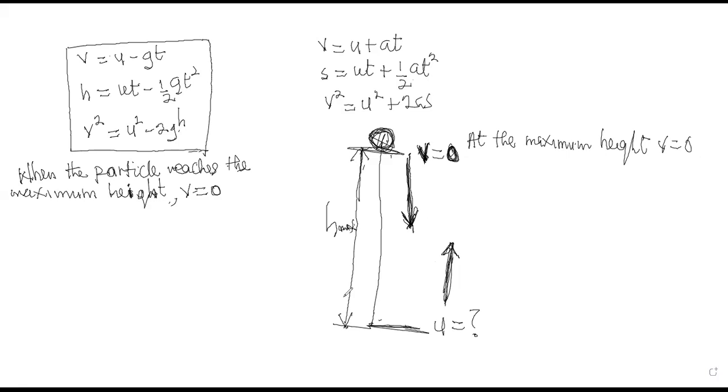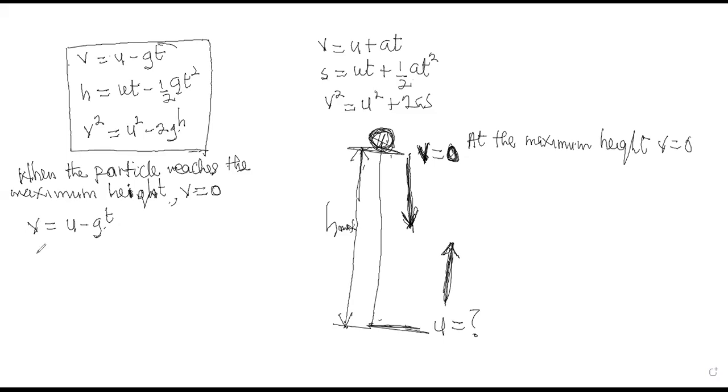Okay. So at the maximum height, V is 0. Then we can use equation 1 to derive a very beautiful equation. Using equation 1, V is equal to U minus GT.